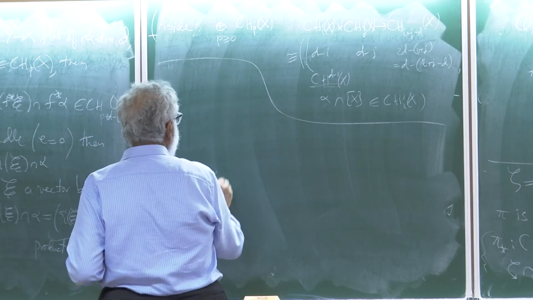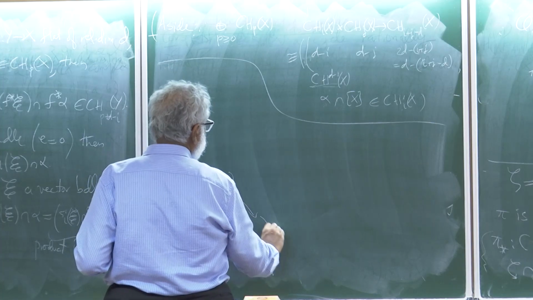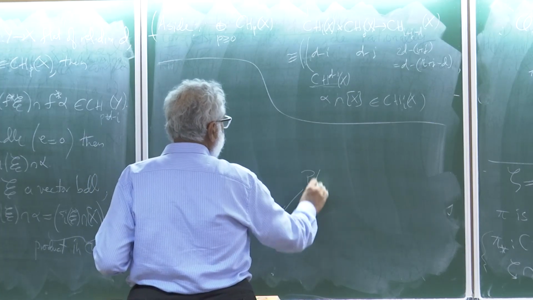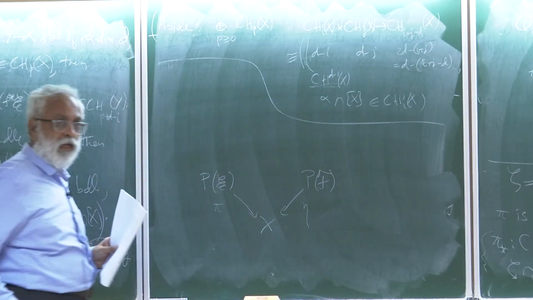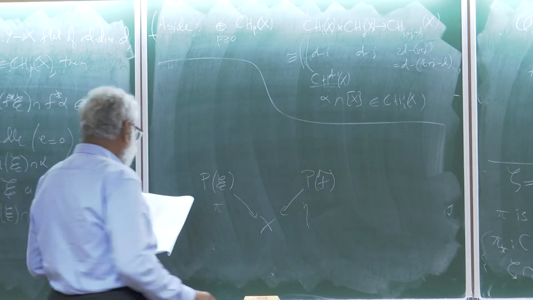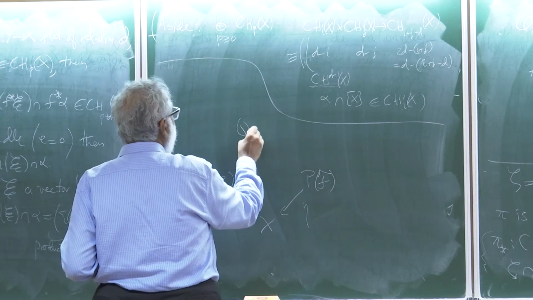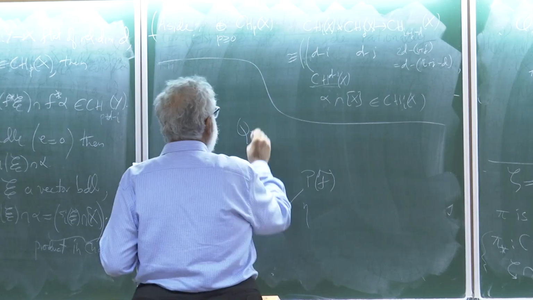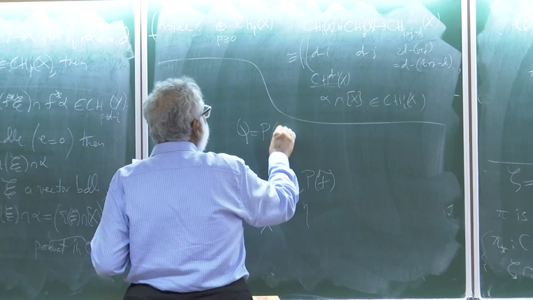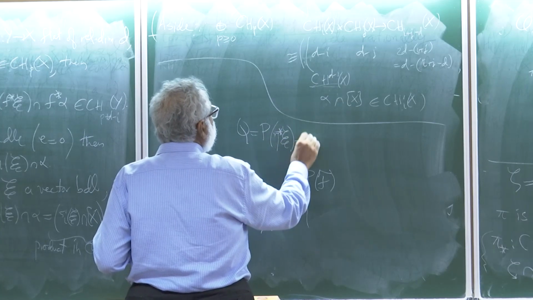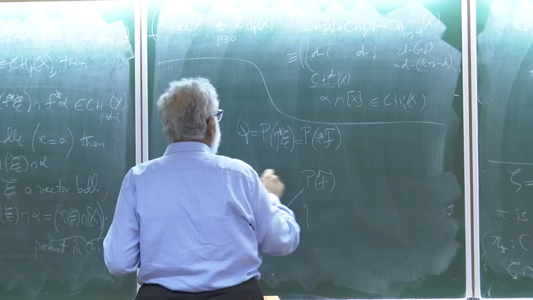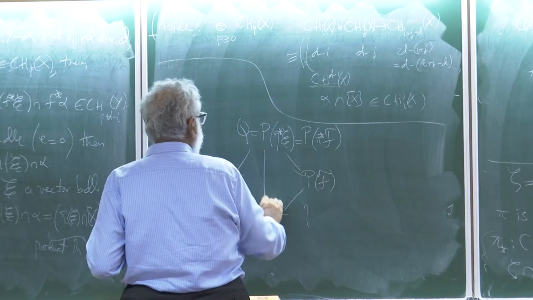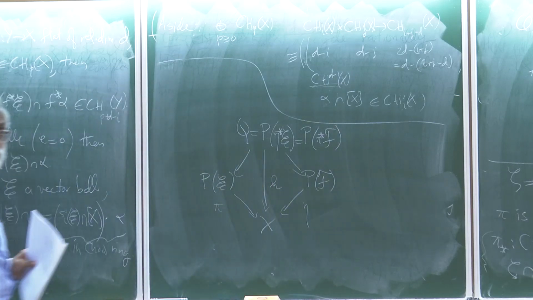If you have two vector bundles E and F, then you have two things like this, right? So I can now take the fiber product Q, which is at the same time P of eta upper star E, and is also P of pi upper star F. And I have a map H here.